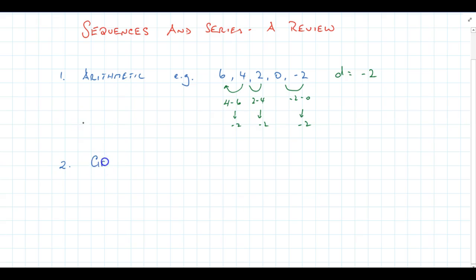A geometric sequence is our second type, and that is defined as having a common ratio. So if we have a look at a geometric sequence 2, 6, 18, 54, then we'll have a look at taking any term and dividing by the term in front. Up here we were subtracting, in that direction.